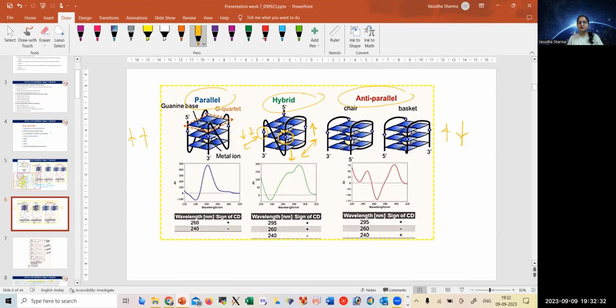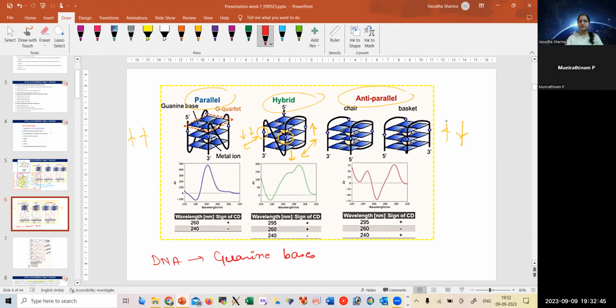So how is CD spectroscopy helpful? We got to know that DNA has guanine bases. We are just taking an example where DNA comprises guanine bases and their arrangement is like a quadruplex where 4 units would be there, and the 4 are intact with each other because of the hydrogen bonding.